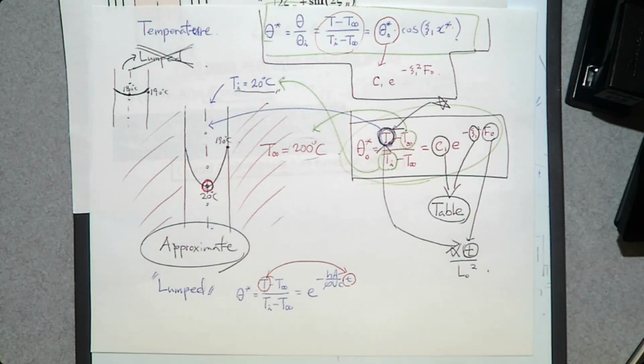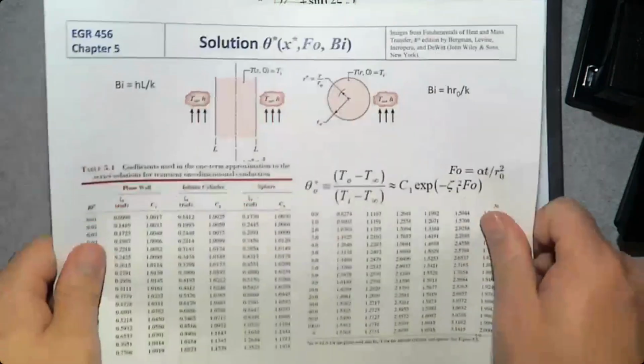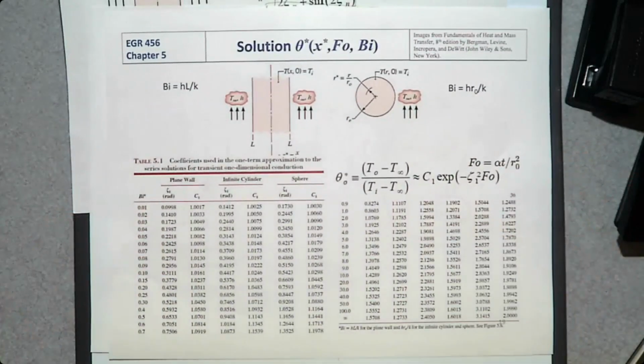Then we are going to study how to use this equation. That means we need to know what table to use to evaluate C1 and Z1. We can use table 5.1, which is shown right here. There are three simple geometries that we are going to use.